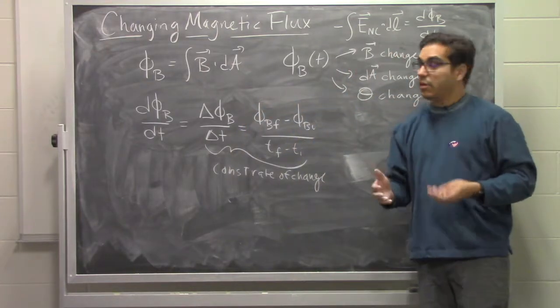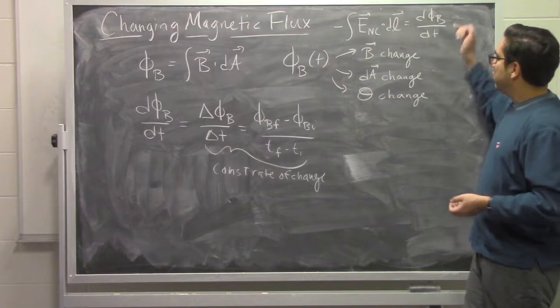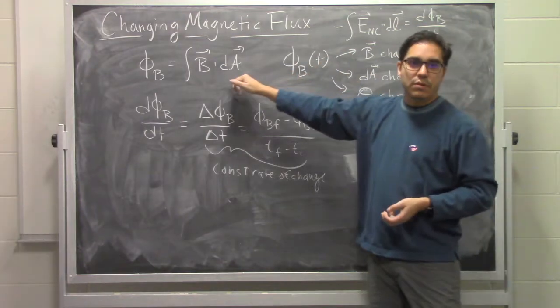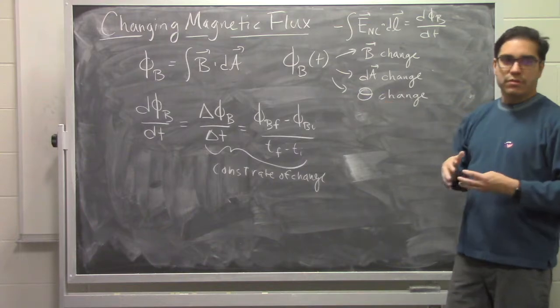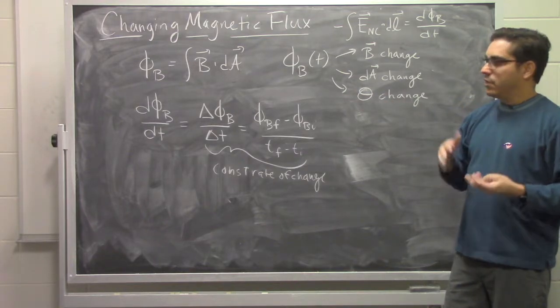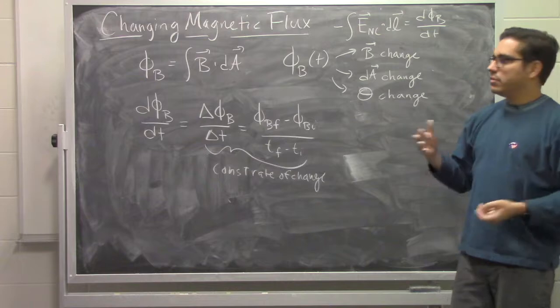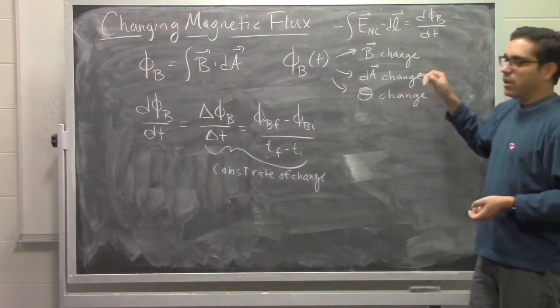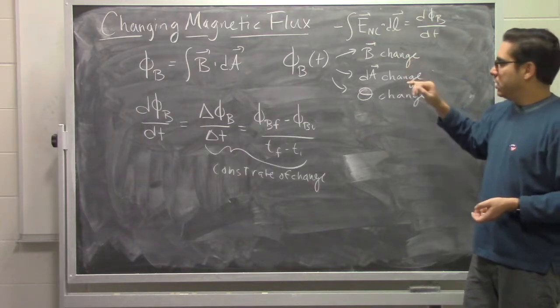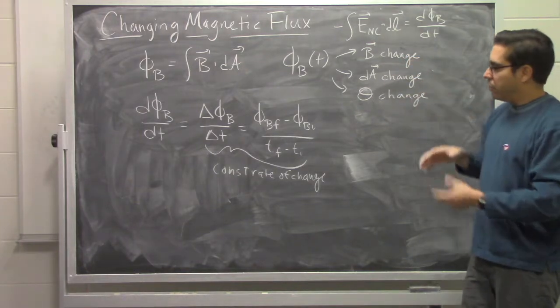So in summary, we're unpacking this idea of the flux. We've defined it in general, but we understand, like we did with Gauss's law, that we can make that quite simpler if the magnetic field is constant, the area is flat, and so forth. We also understand that the magnetic flux can change in a variety of ways. The magnitude of the magnetic field can change. The area can change; it could shrink or grow.